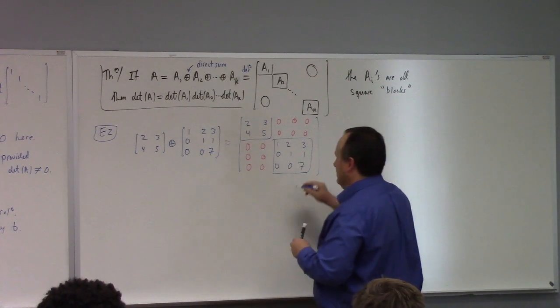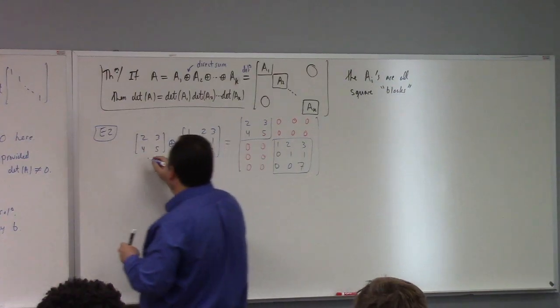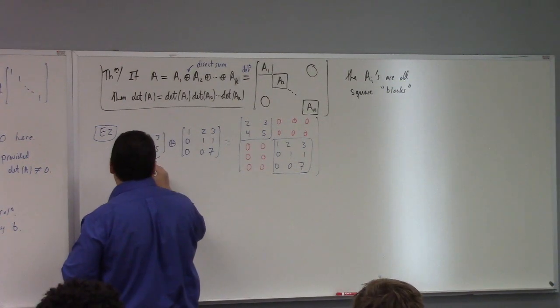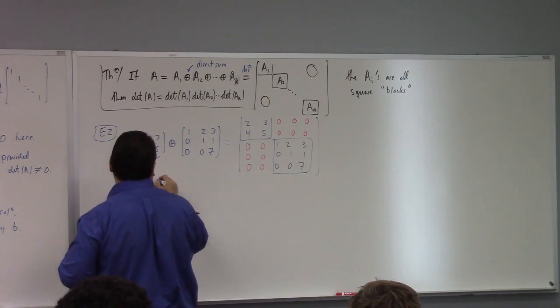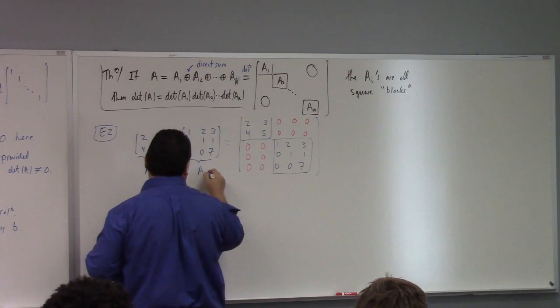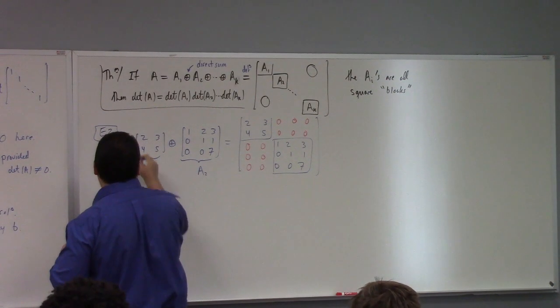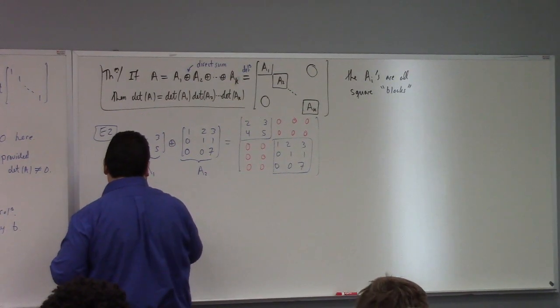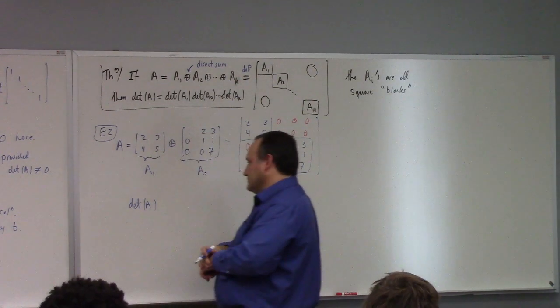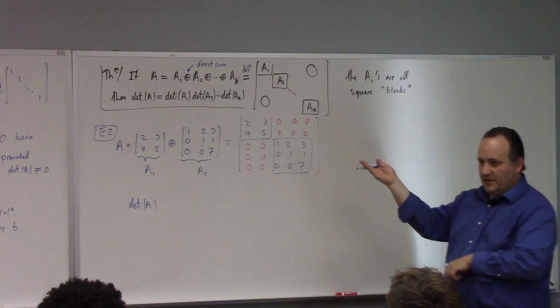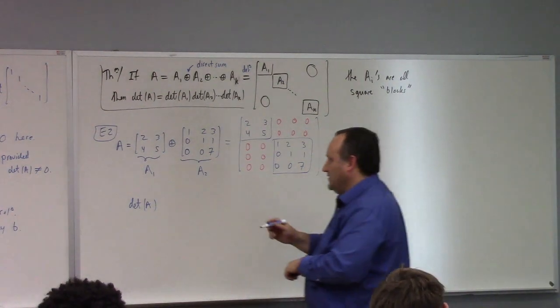If I call this one A1, and I call this A2, and I call this whole thing A, what's the determinant of A? By the theorem above, it's the determinant of A1 times the determinant of A2.